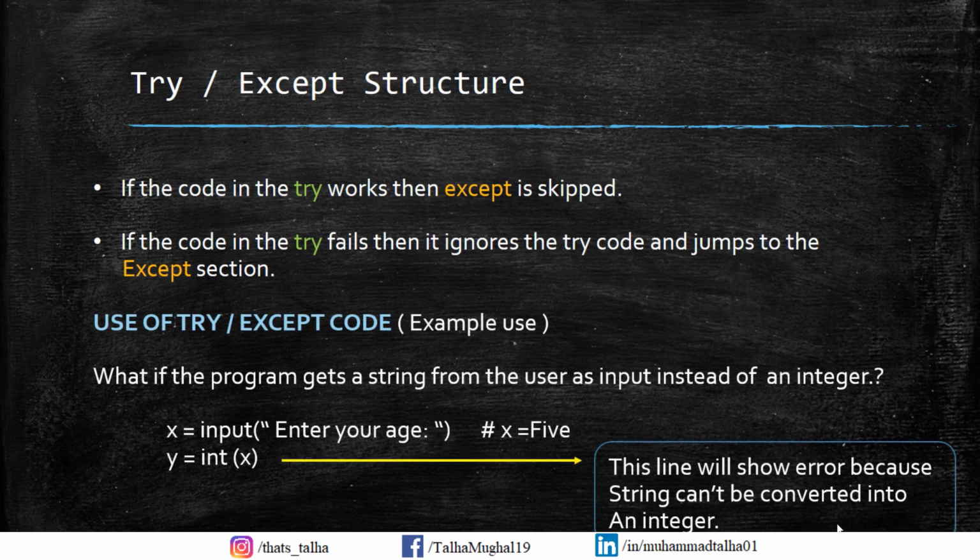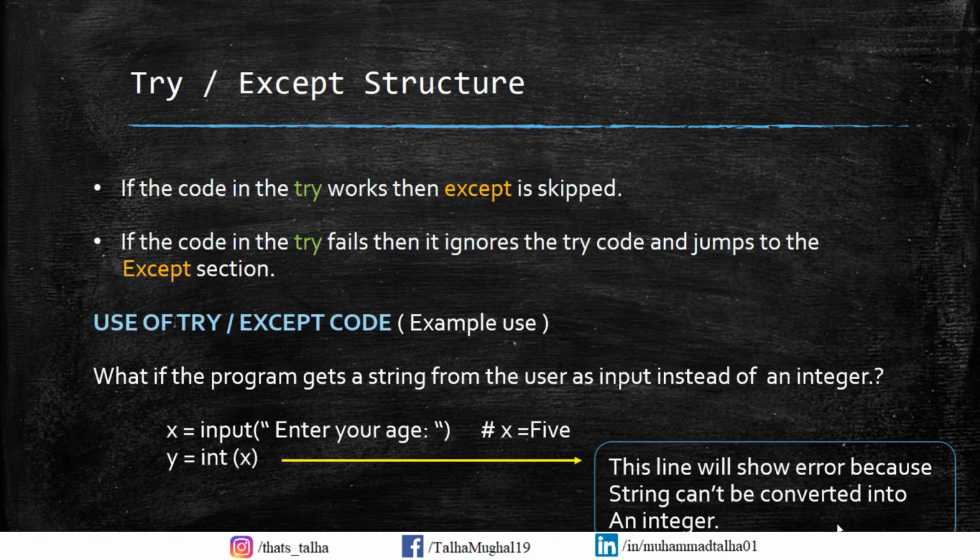We will try to understand the use of try and except by using an example. What if the program gets a string from the user as input instead of an integer? We all know that the input function takes input from the user at runtime and saves it in string format.